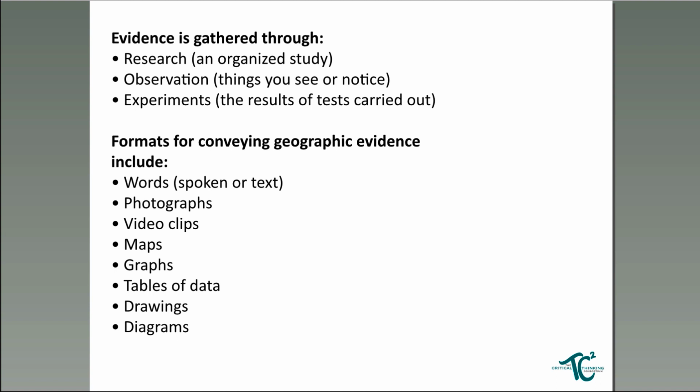And then giving them different examples. What is evidence? We gather evidence through research, through observation, through experiments, and we convey geographic evidence through words spoken or text, photographs, video clips, maps, graphs, tables of data, drawings, diagrams. So again, thinking back to that map we had where students were asked to make meaningful annotations, they start to recognize, wow, that is some credible geographic evidence, video clips.